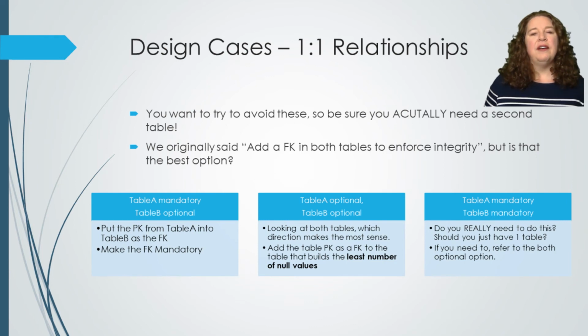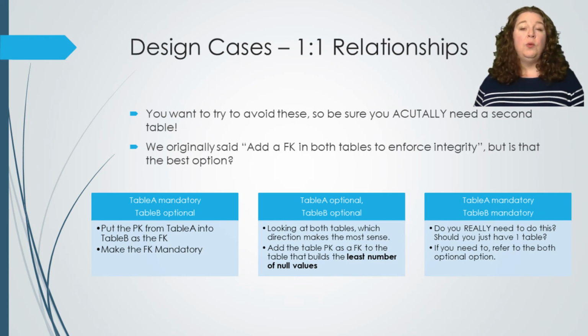But if after fighting yourself, you decide you still want to have a one-to-one mandatory relationship, look at it again like we did on that second option and figure out which one produces the least number of nulls. You want to include the foreign key in such a way that you have the least number of null values.